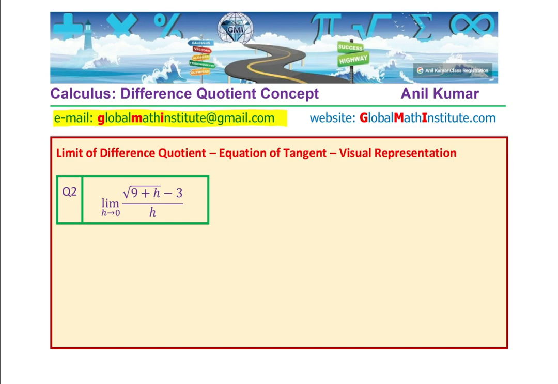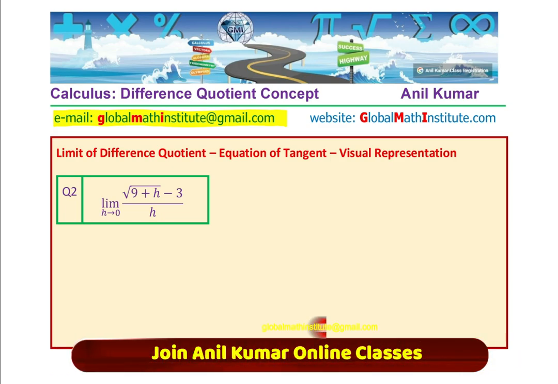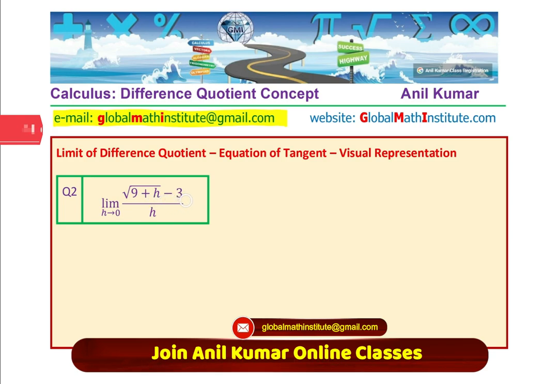So I'd like you to now pause the video and answer this particular question. It's a good practice question for you. And this is how we are going to tackle and understand it. We need to find the limit of square root of 9 plus h minus 3 over h when h approaches 0.